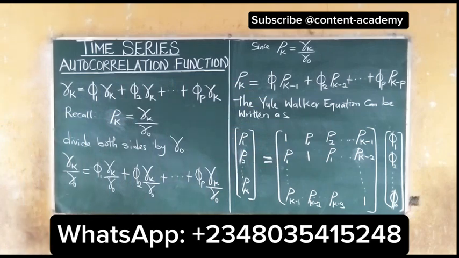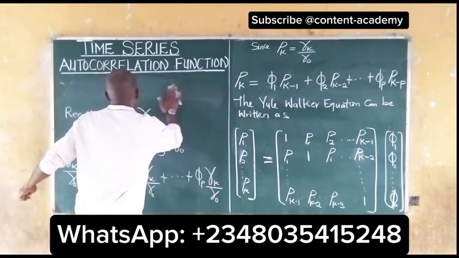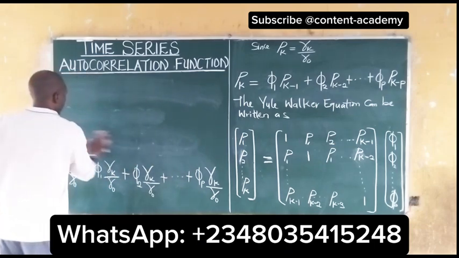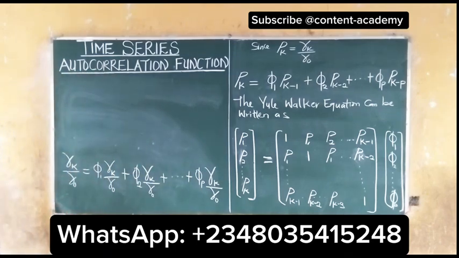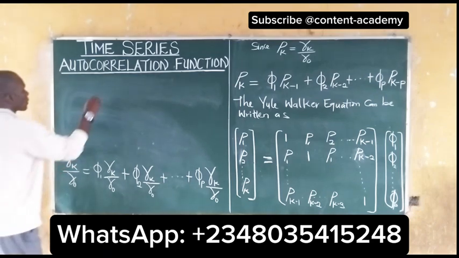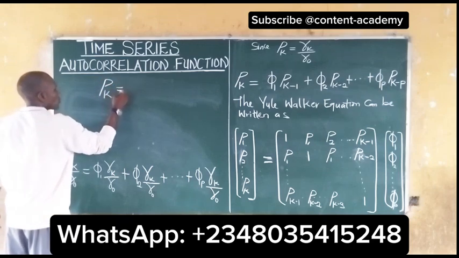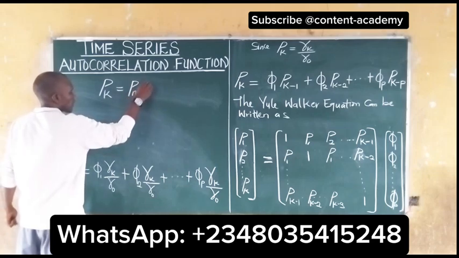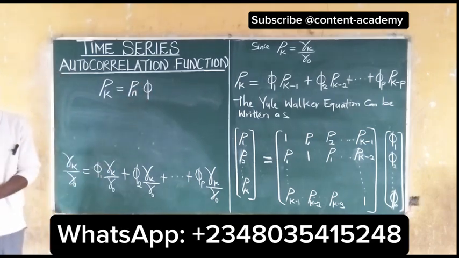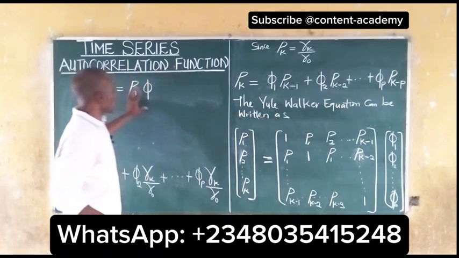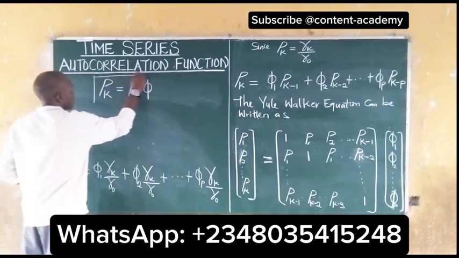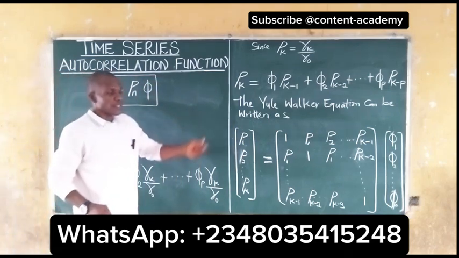We can also write it in compact form as the autocorrelation vector equal to the autocorrelation matrix times phi. So this is exactly what we got from our Yule-Walker equation.